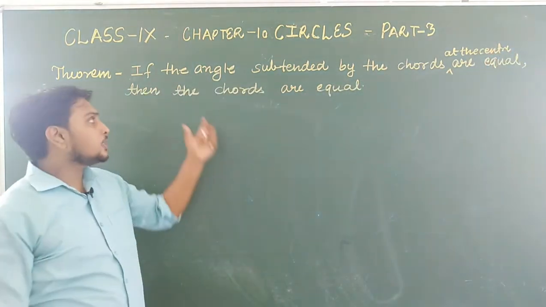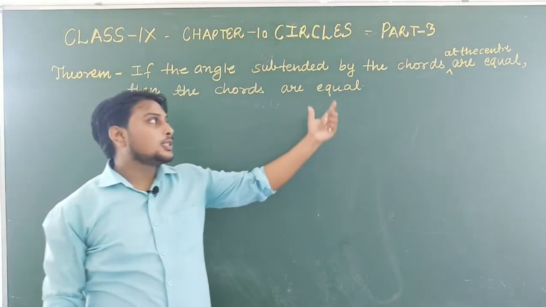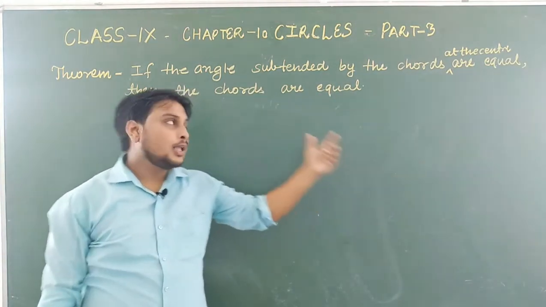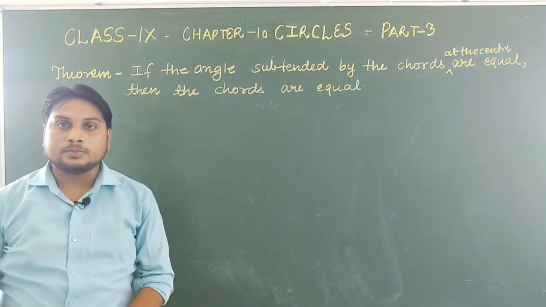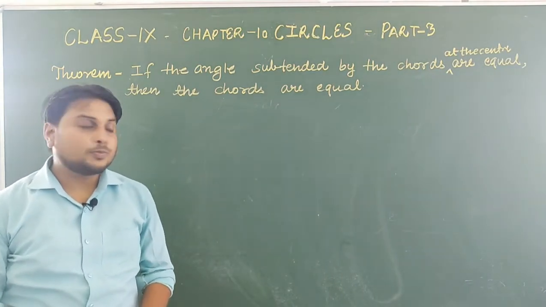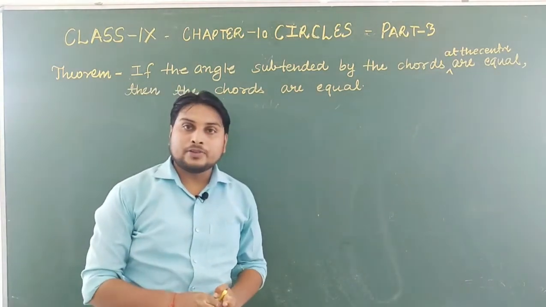If the angles subtended by the chords at the center are equal, then the chords are equal. Here one thing you have to add: at the center. This time we have to prove the converse of the previous theorem.